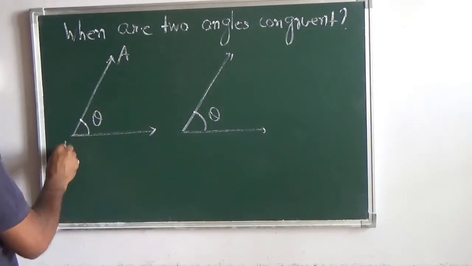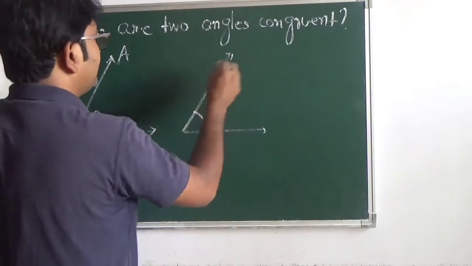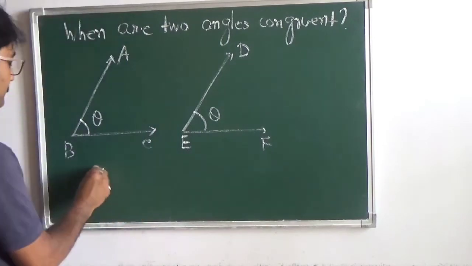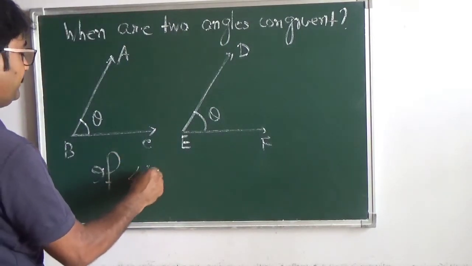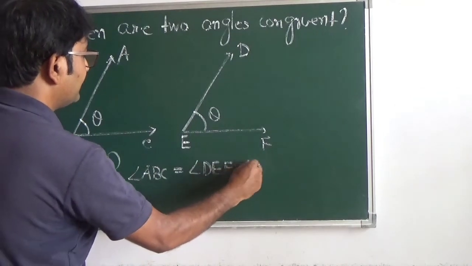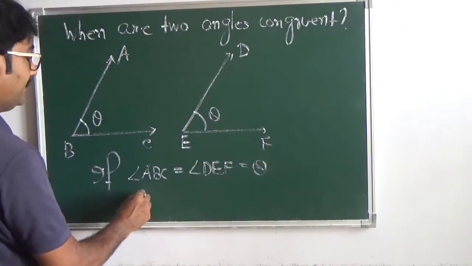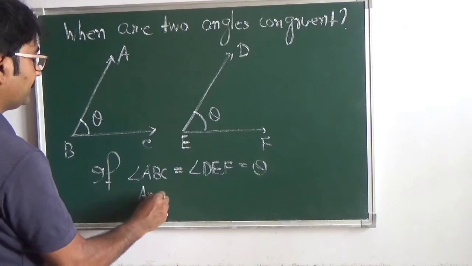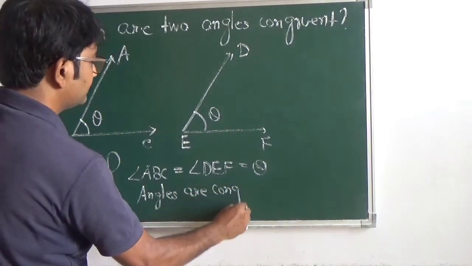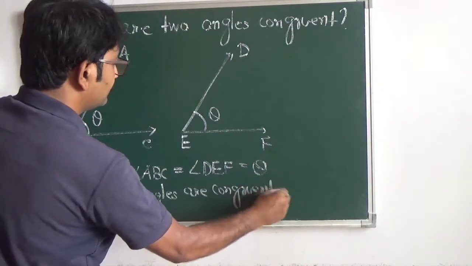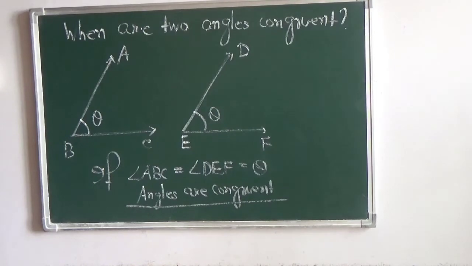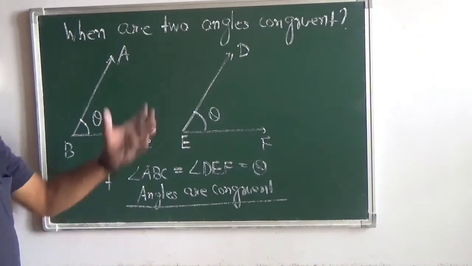So if angle ABC equals angle DEF, and that equals theta, then the angles are congruent. So now you understand what congruent line segments and congruent angles are.